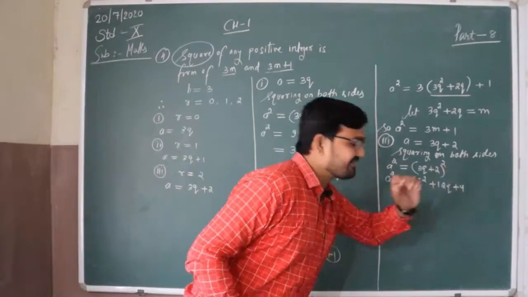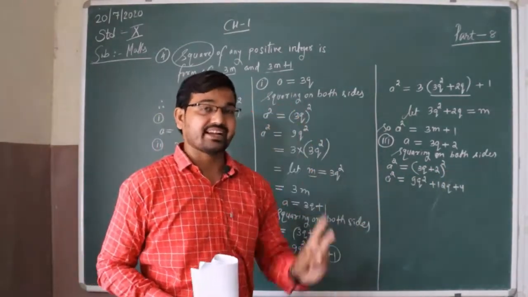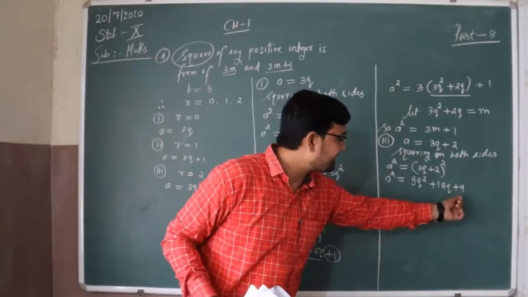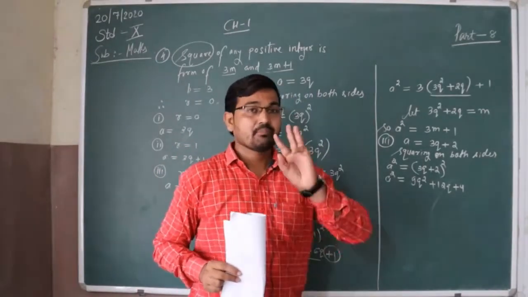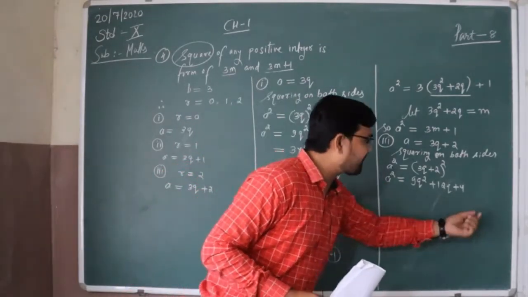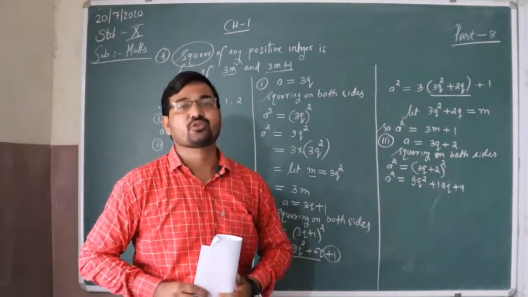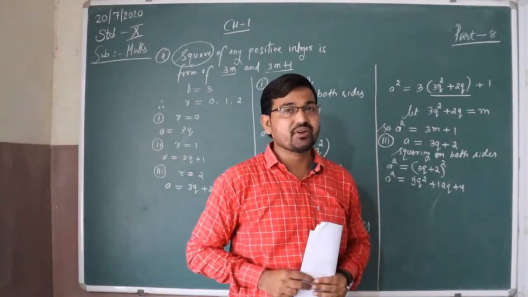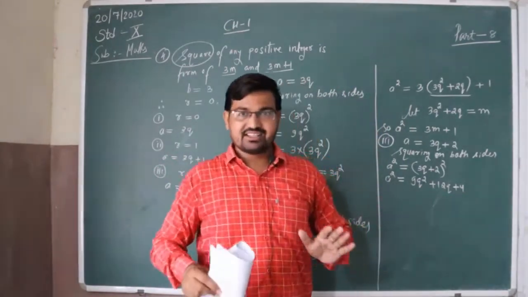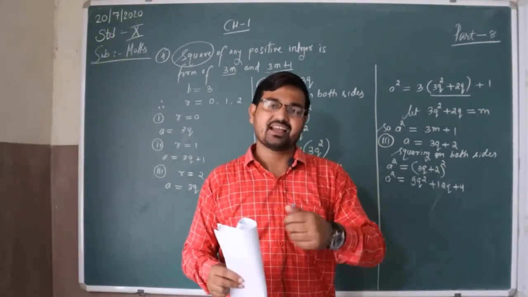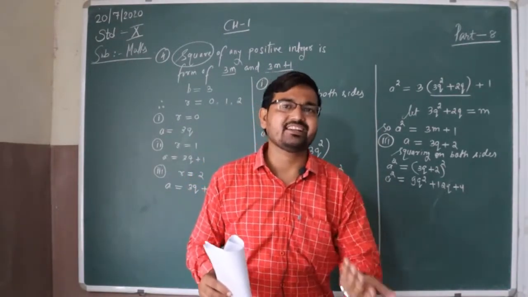Now see the last number. In the second question, the last number was 1, so we did not do anything. But here the number is 4. We could take 3 common from all the 3 terms, but it is not possible. So we will split this 4 in such a way that 3 comes out, and whatever is remaining we write in the plus form.